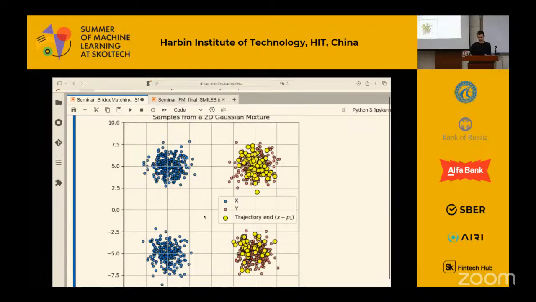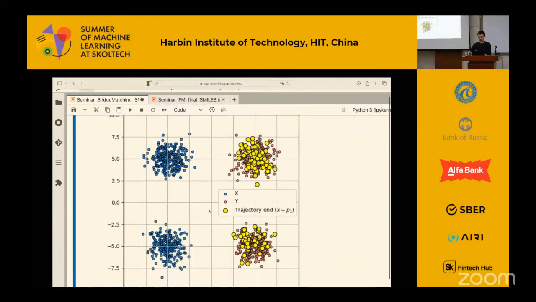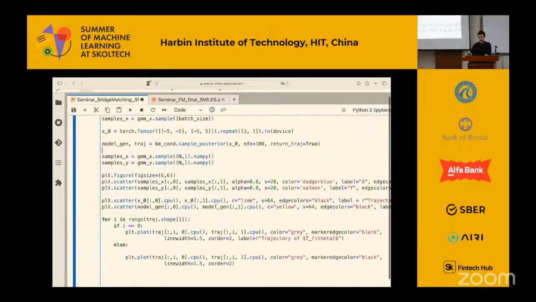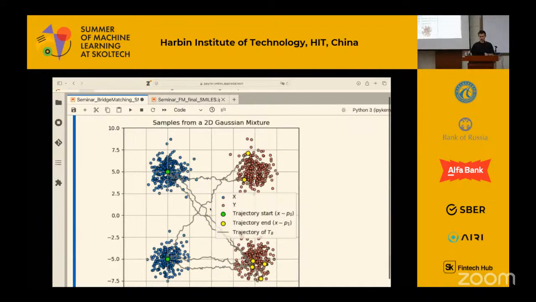But there is a difference, and the difference lies not in the fitting of the final distribution marginals, because both conditional and unconditional bridge matching do that pretty well. The difference between conditional and unconditional bridge matching lies in the trajectories. You can take a look at these trajectories and see that they are very different from the regular bridge matching plans. Why? Because they intersect, and they intersect a lot.